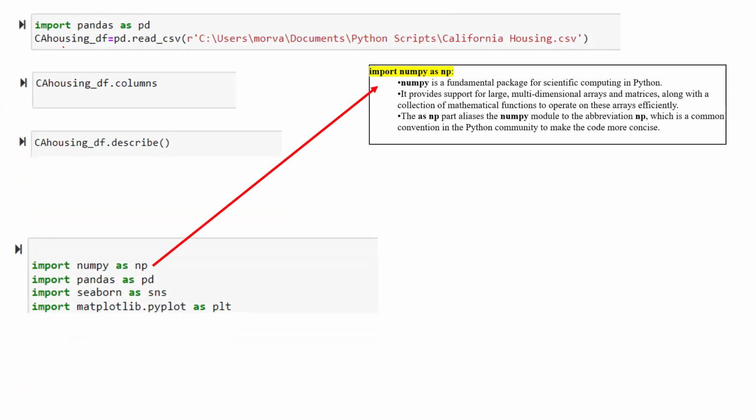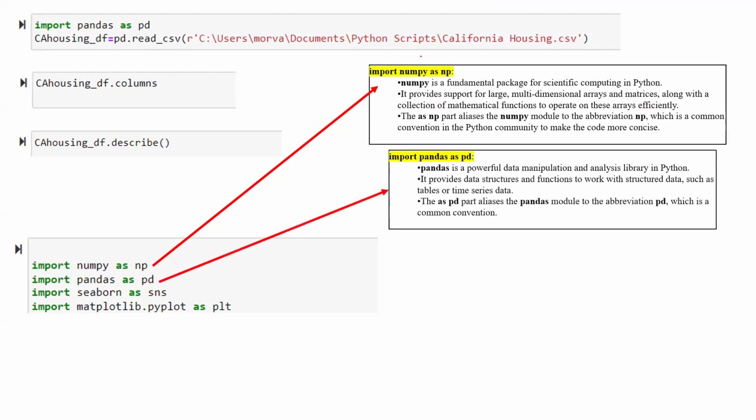Import NumPy as NP. Remember that NumPy is a fundamental package for scientific computing in Python. It provides support for large multi-dimensional arrays and matrices, along with a collection of mathematical functions to operate on these arrays efficiently.